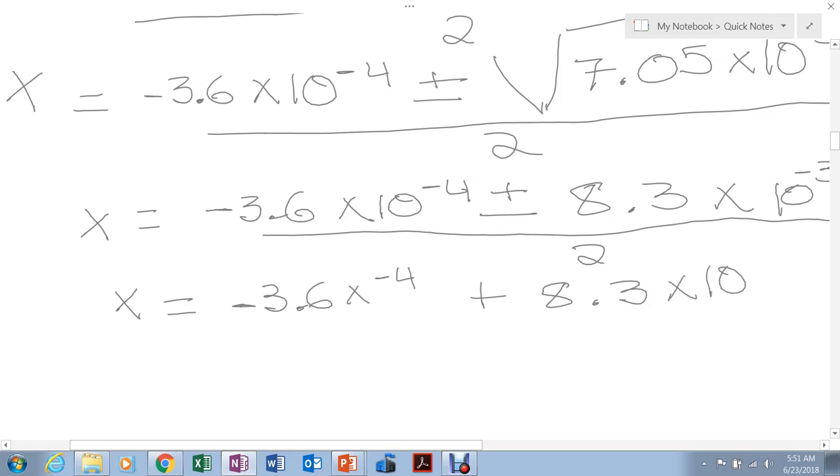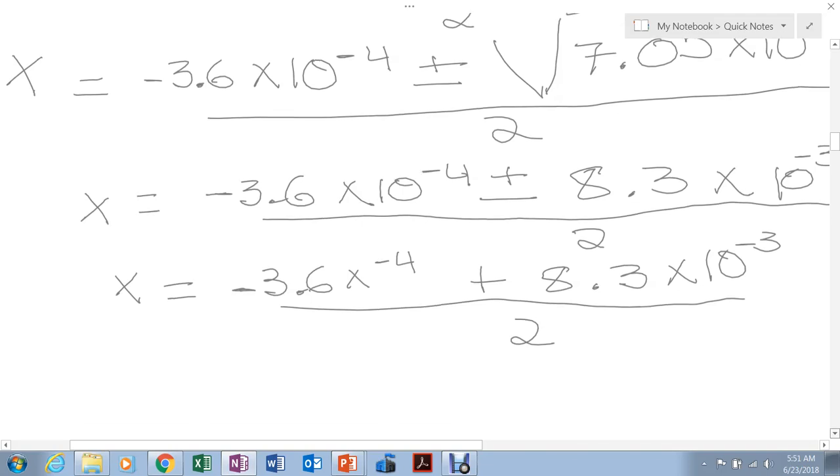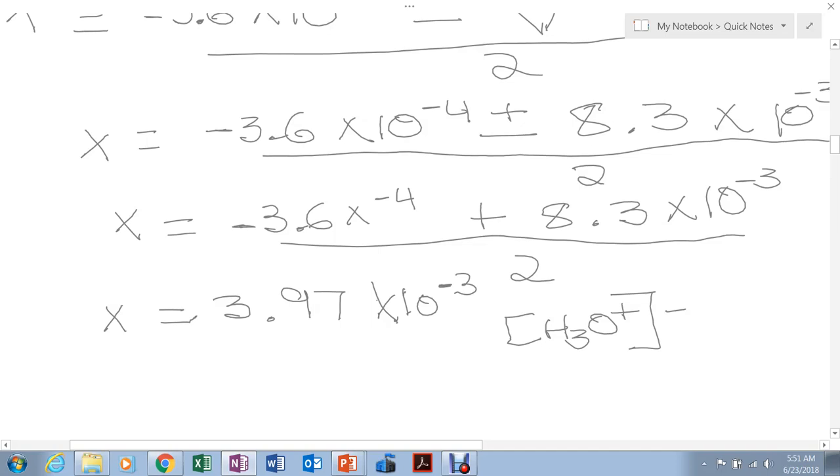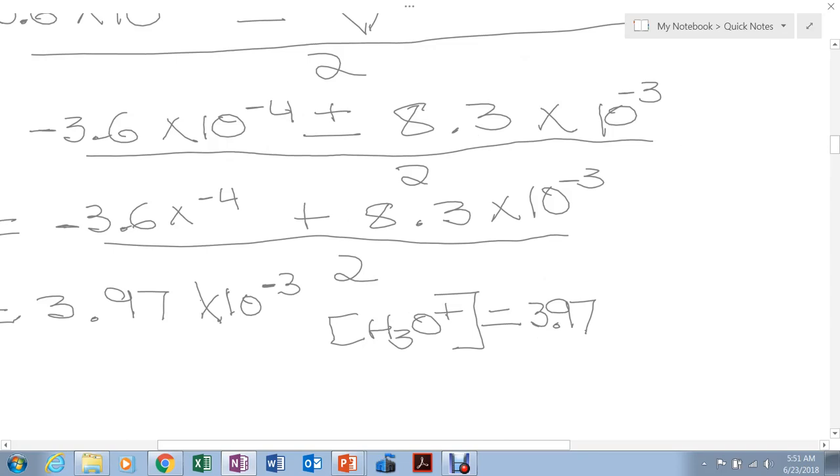times 10 to the negative 3 divided by 2, that gives you an x equal to 3.97 times 10 to the negative 3, and this, the concentration of hydronium, would be 3.97 times 10 to the negative 3, which is the same as x.